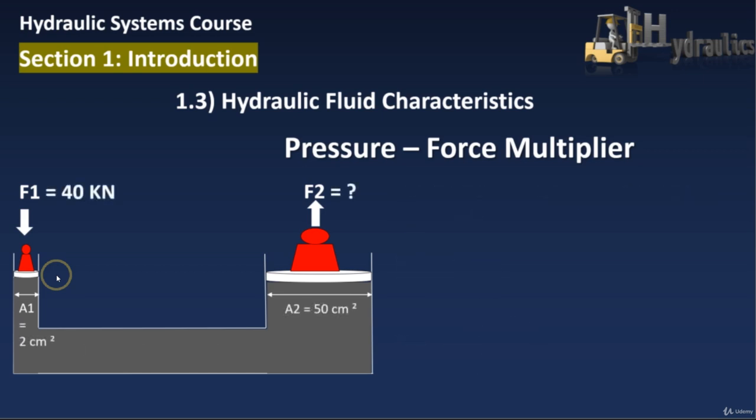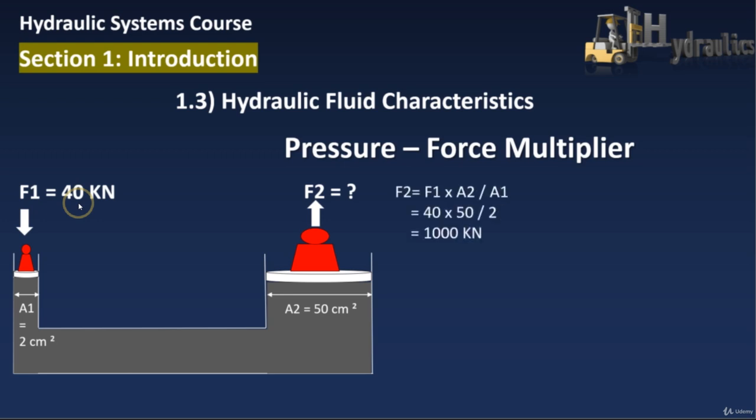Let's demonstrate this by an example. Supposedly I have F1 of 40 kilonewton, and this force is applied to a piston of area 2 centimeters squared. How much load can the other piston hold where A2 is 50 centimeters squared?